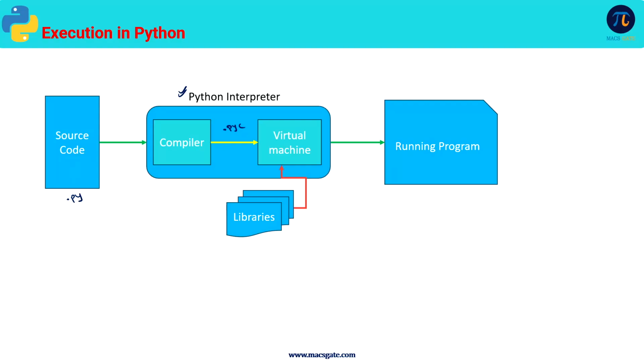So this is how the execution happens in Python. Python interpreter takes care of both compiling the code to bytecode and executing it, and it is done automatically by the Python interpreter.